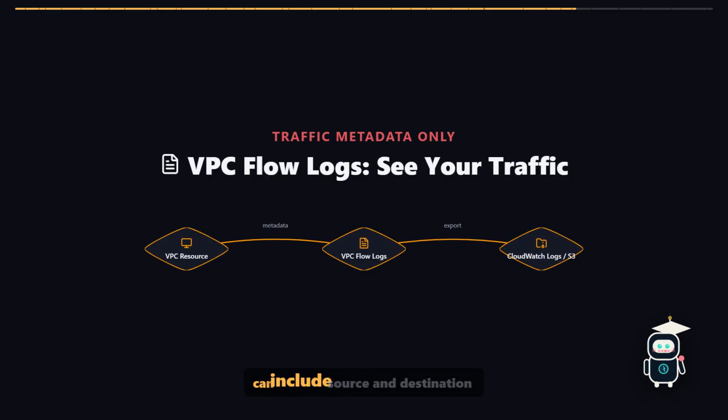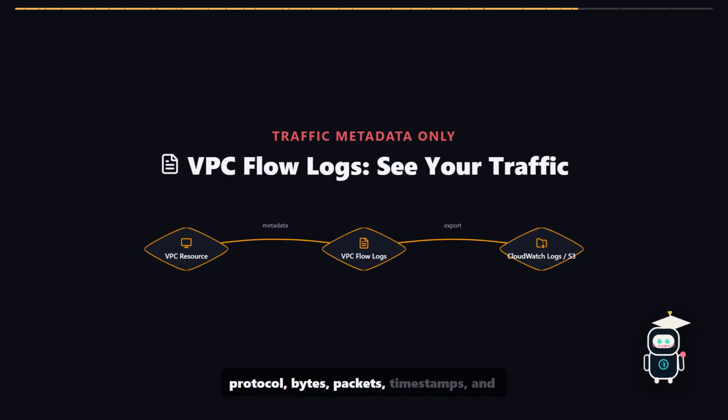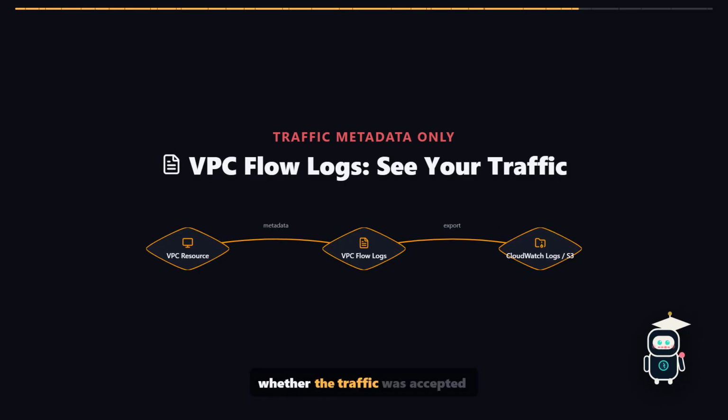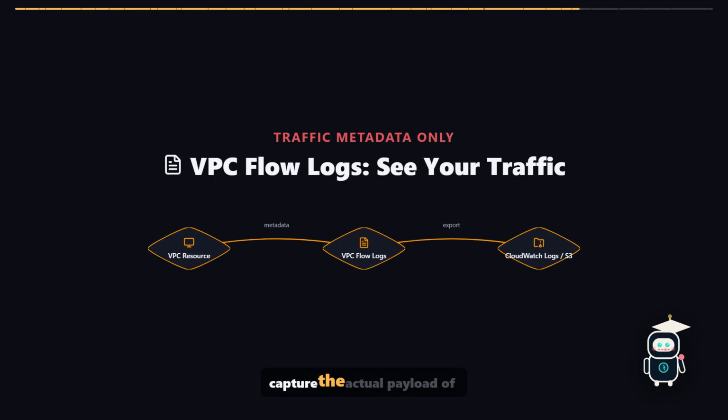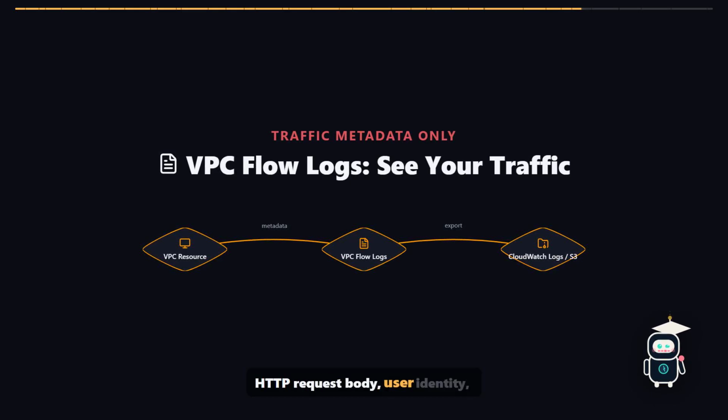The records can include source and destination addresses, source and destination ports, protocol, bytes, packets, timestamps, and whether the traffic was accepted or rejected. They do not capture the actual payload of the traffic. They do not tell you the SQL query, HTTP request body, user identity, or application decision behind a connection.